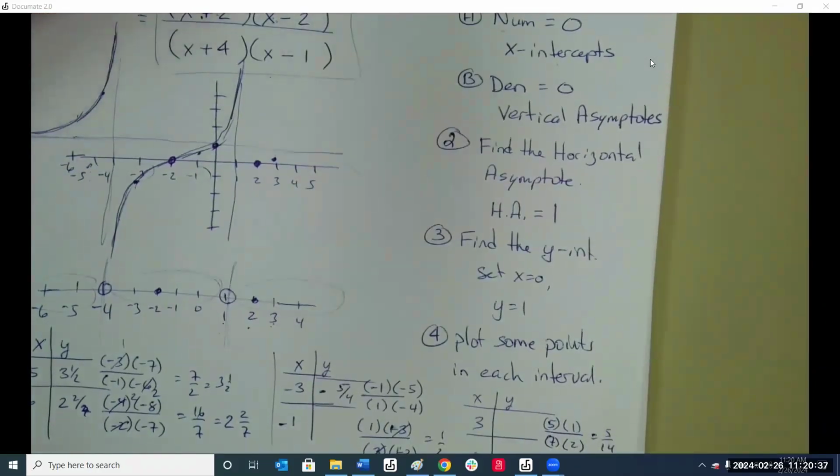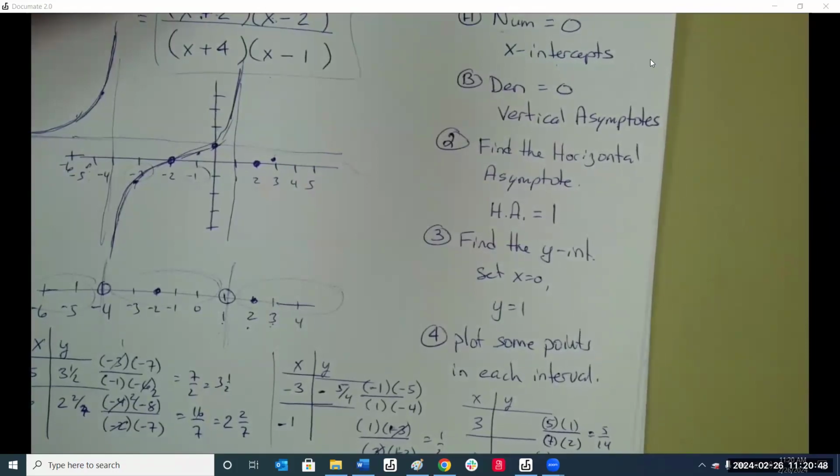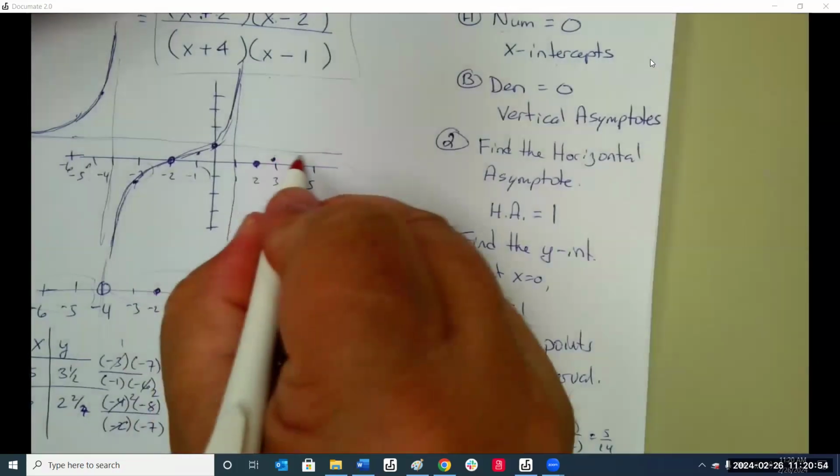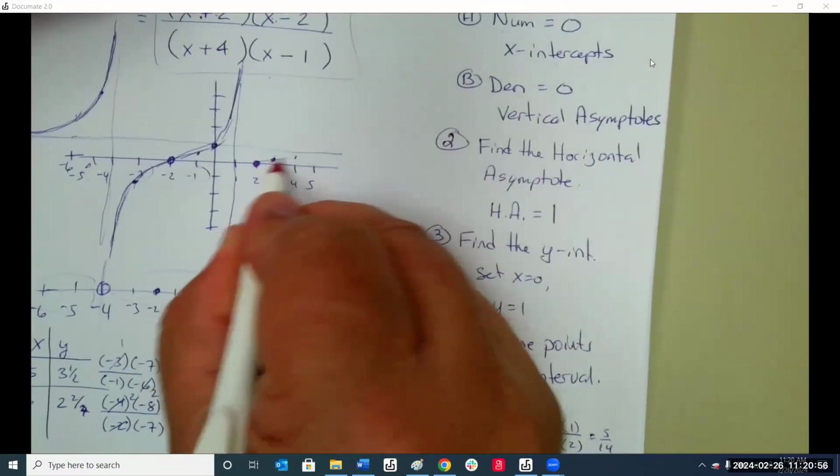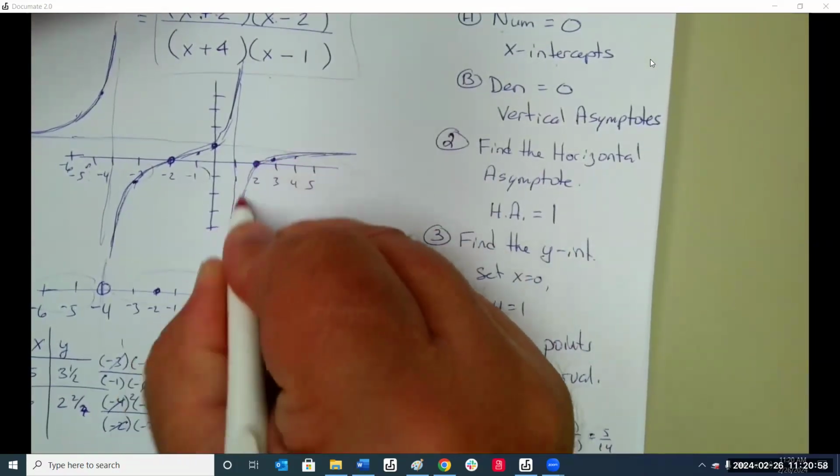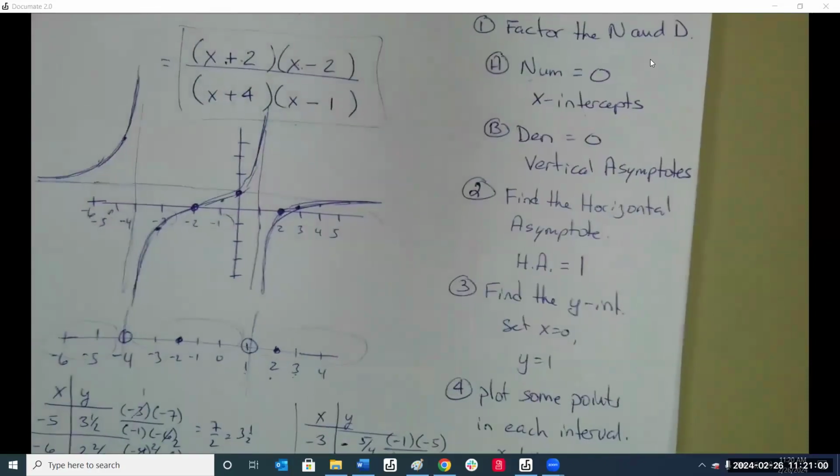At 4, we get 6, 2, 8, 3. So 2 and the 8 cancel. It's 1/2. So on this side, it's going to look something like this. So there's our graph.